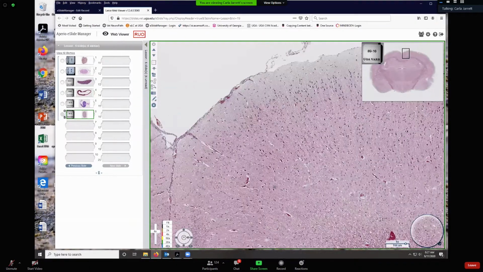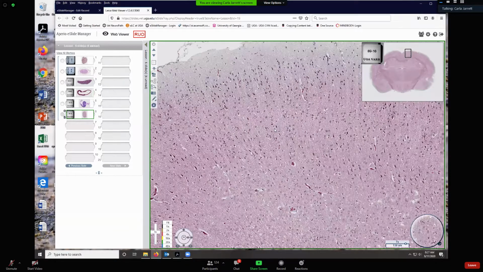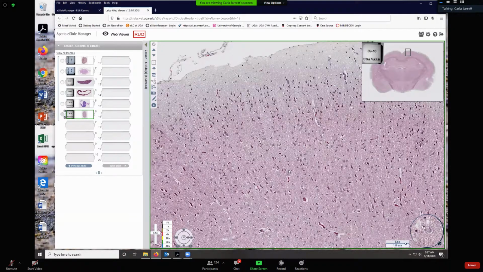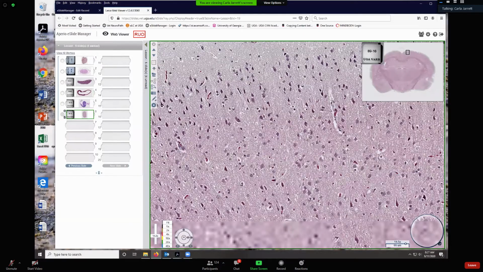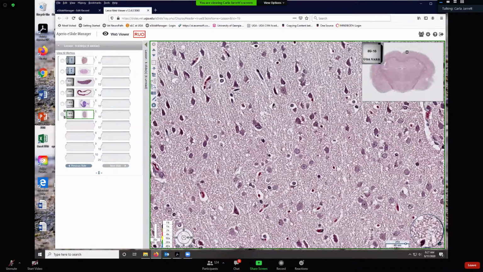Now, if we zoom out, you can see that the cerebral cortex has an organization of neurons. And neurons can be many different shapes. They can be pyramid shaped. Those are called pyramidal neurons. So these are pyramidal neurons. They can be round. These are granular neurons. And you'll see that I'm really just referencing the nuclei on these neurons, a little bit of the cytoplasm here on this pyramidal neuron, but here on this round neuron, that's just its nucleus.